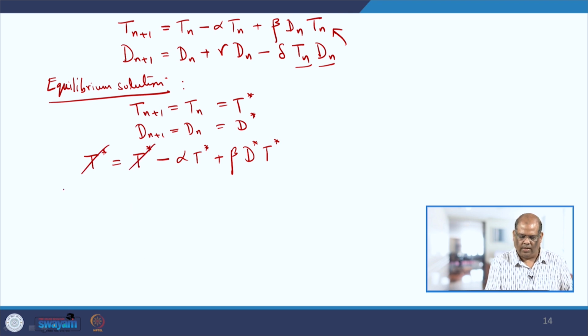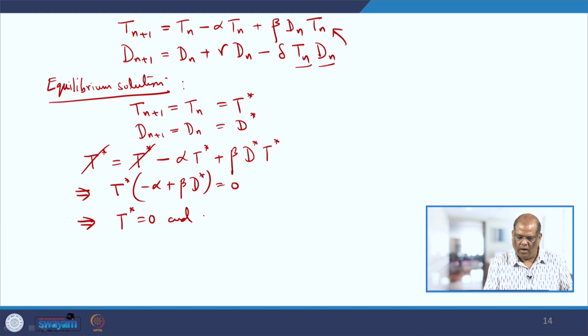This and this cancel, and this gives t star common, minus alpha plus beta d star equal to 0. This gives t star equal to 0 and d star equal to alpha by beta.